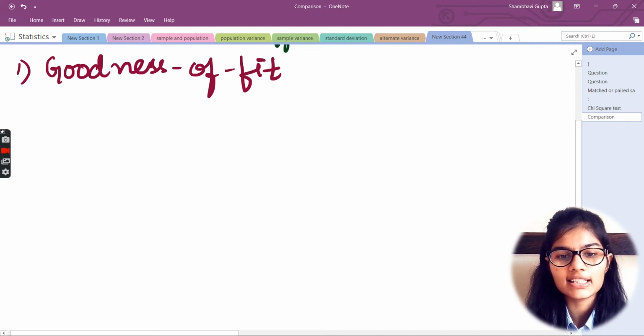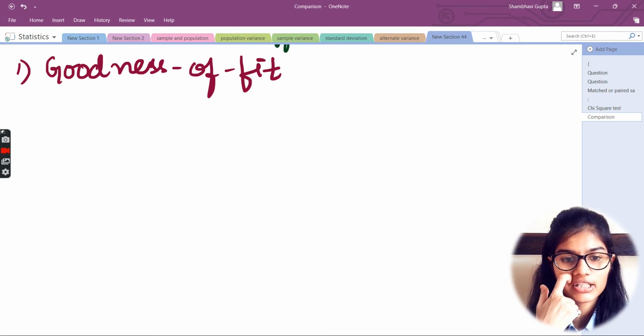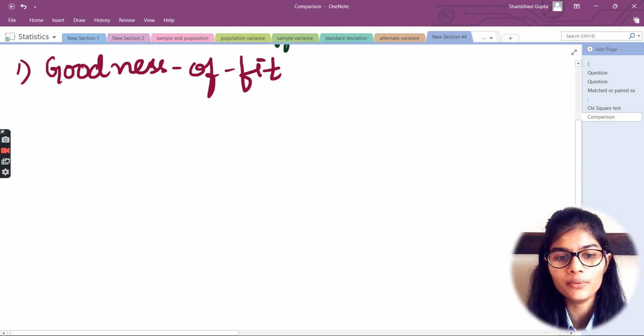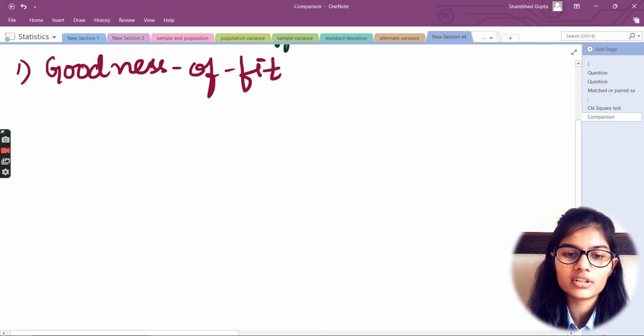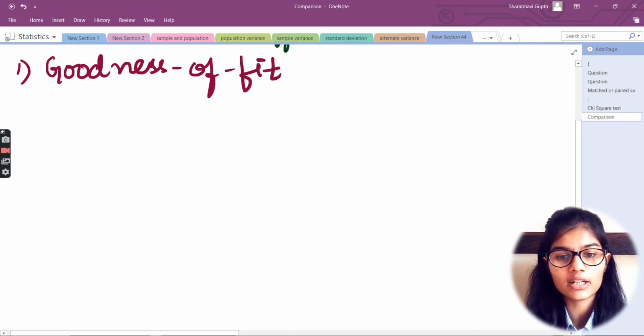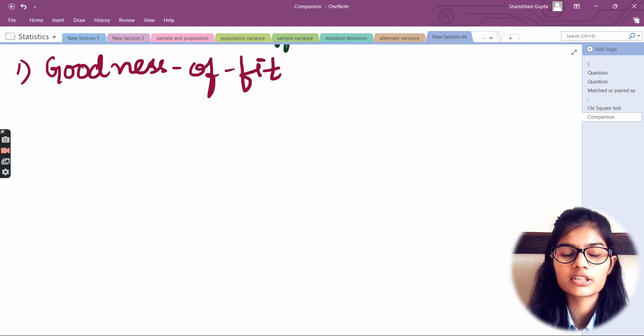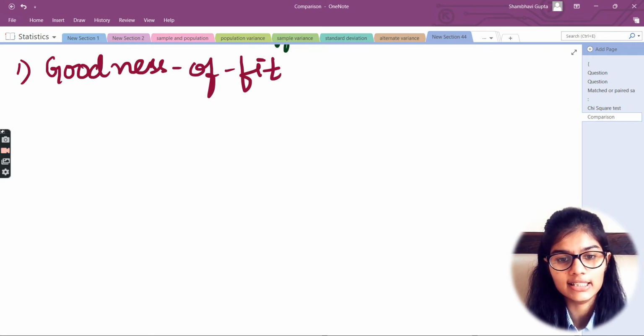What we need to decide with goodness of fit is this: the complete use of goodness of fit is that it helps us decide whether a population with an unknown distribution fits a known distribution or not.